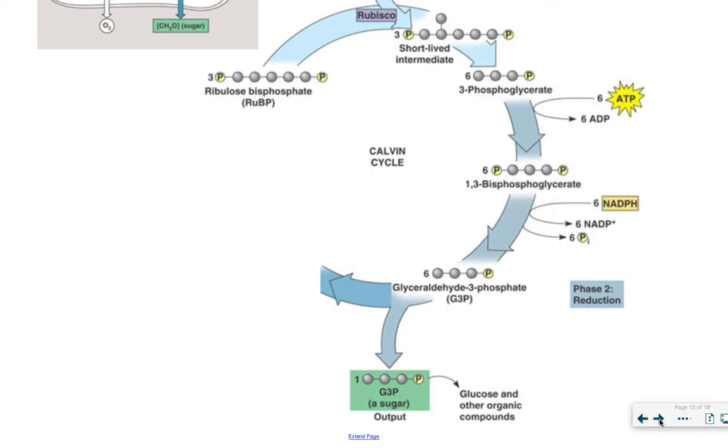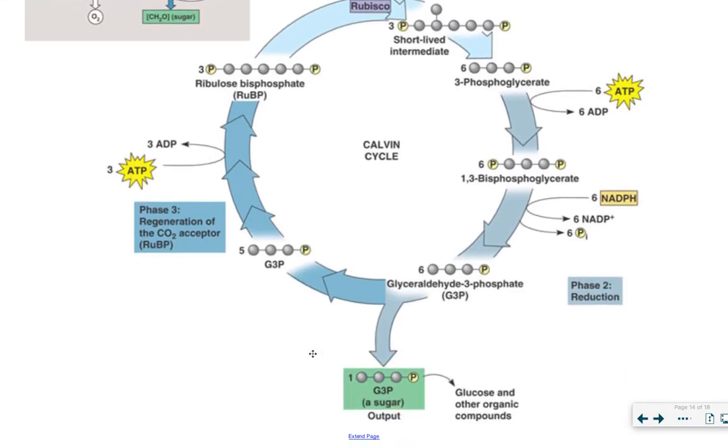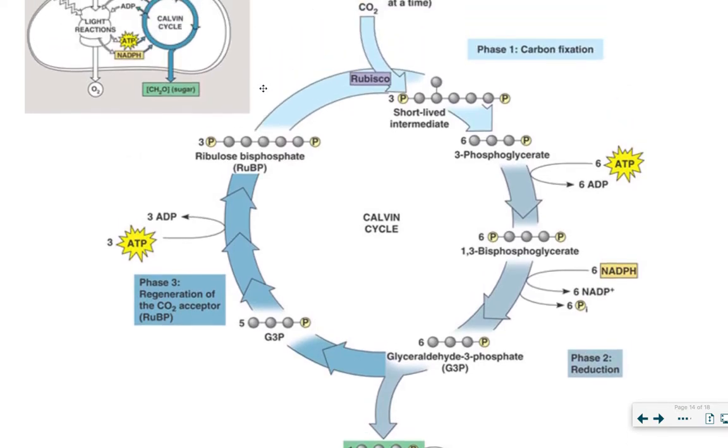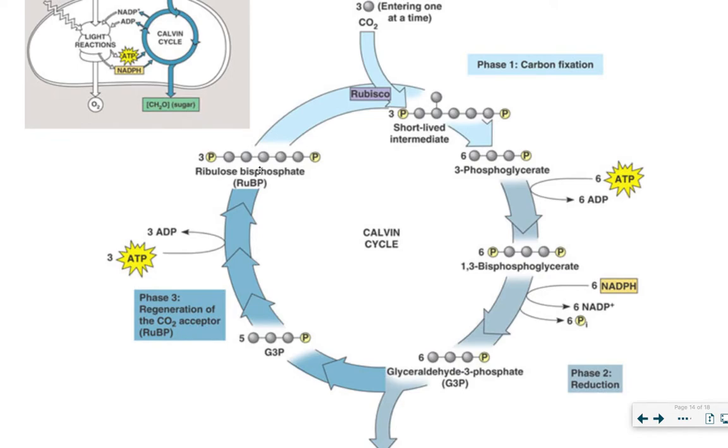The rest of the G3Ps, the other 5, are going to be used to regenerate the RuBP. With the addition of even more ATP, the RuBP is going to be regenerated through a series of intermediate steps, and that RuBP is going to be needed for the next round of the Calvin cycle.